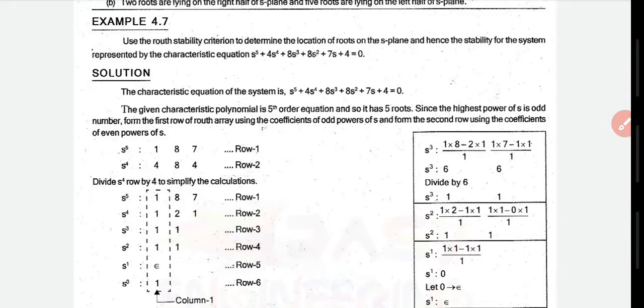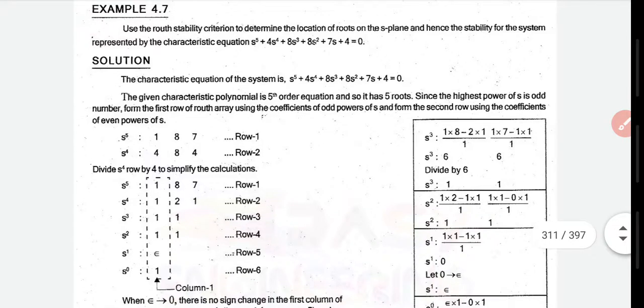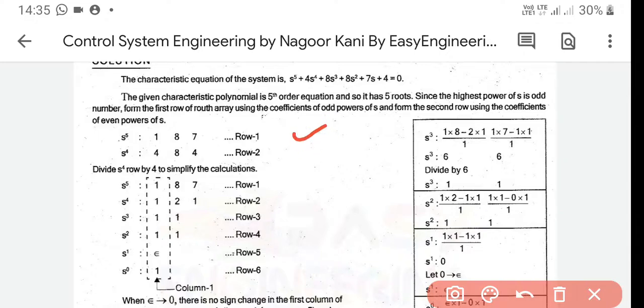First of all you construct the s power 5 row elements. Row 1 takes all odd powers of s, that is s power 5, s cube and s. The elements are 1, 8 and 7.